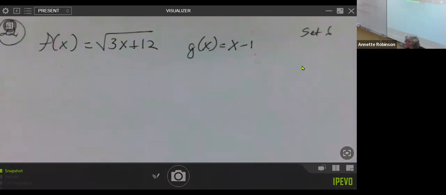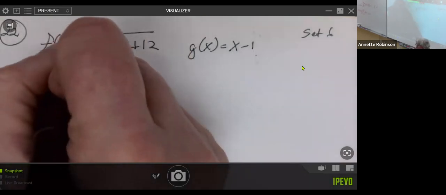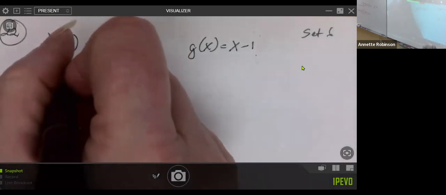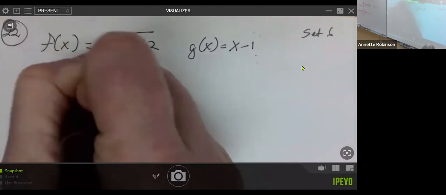So do we have some restrictions before we even begin? Oh, yeah. We'll look at it in a moment, though. All right, our question in this particular one is they want us to do f composite g.